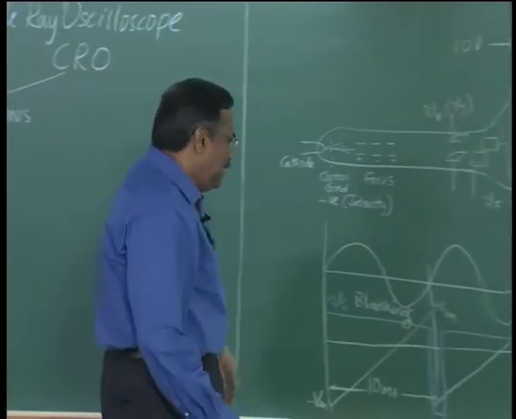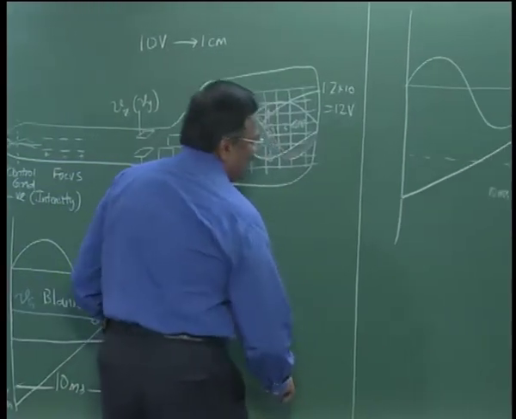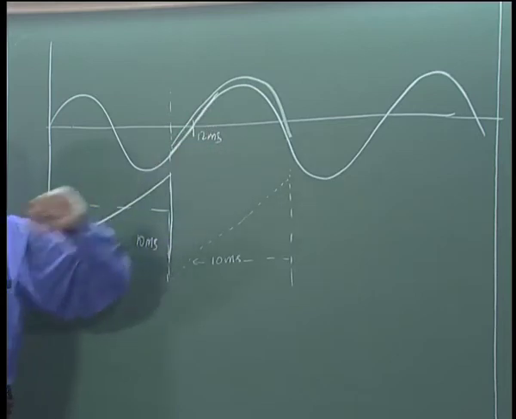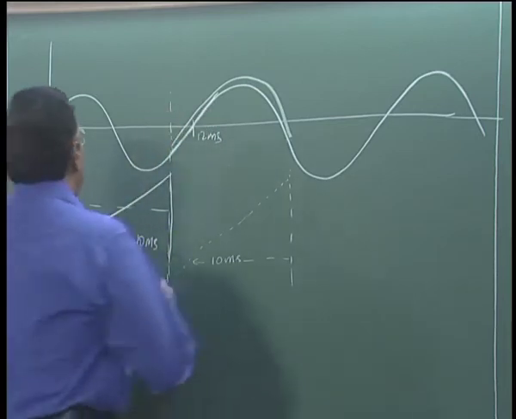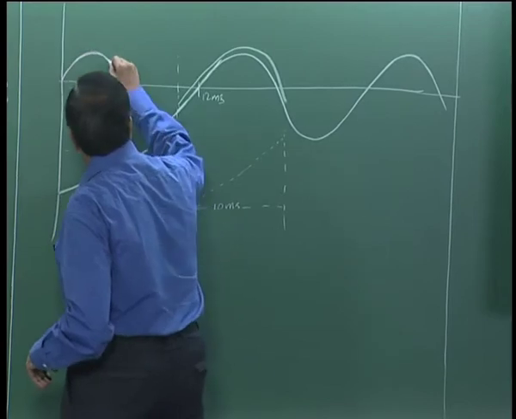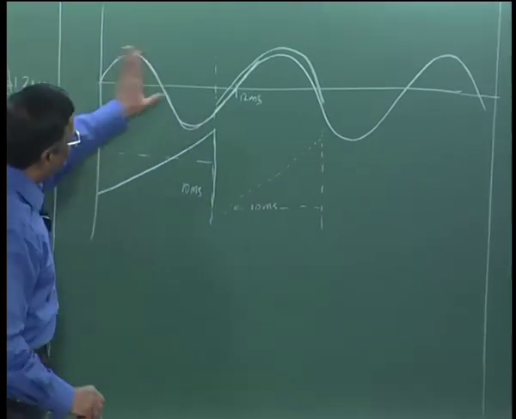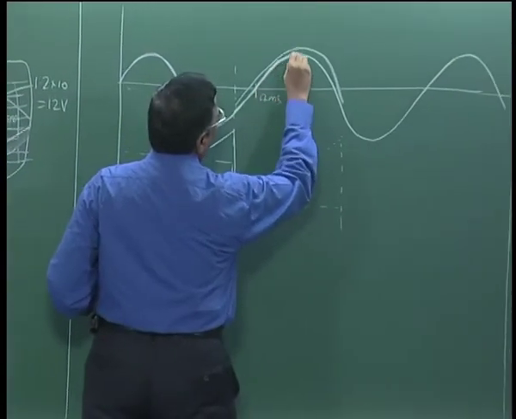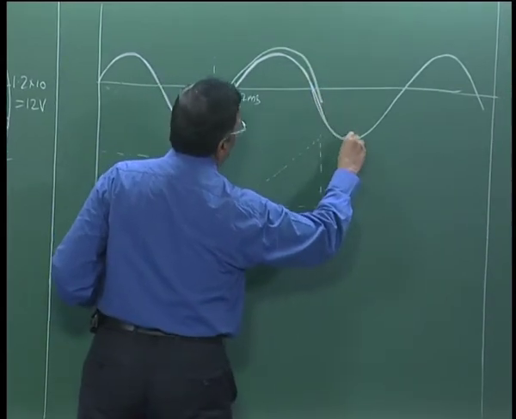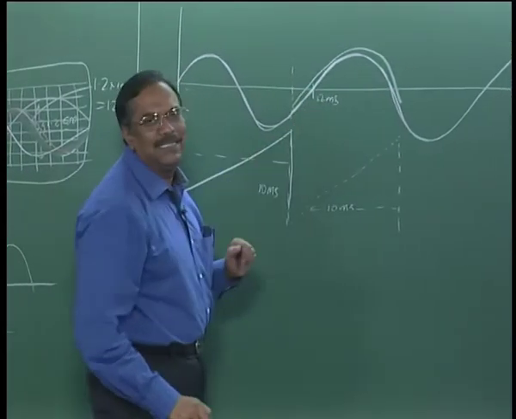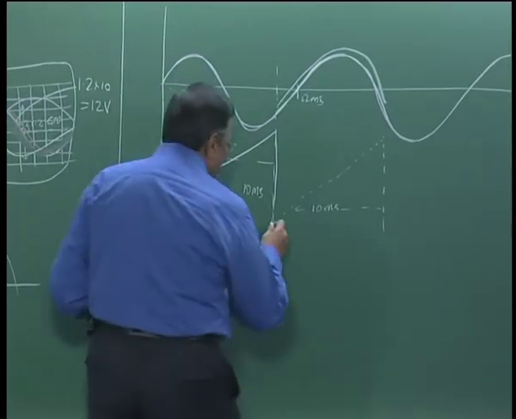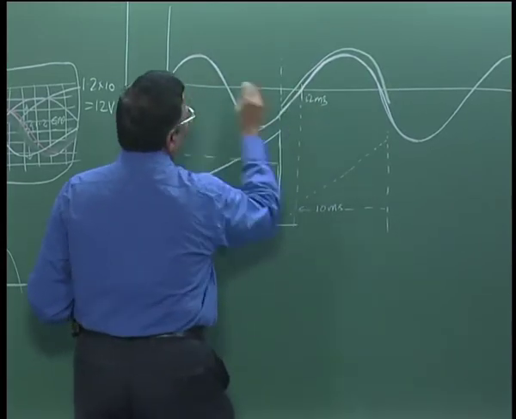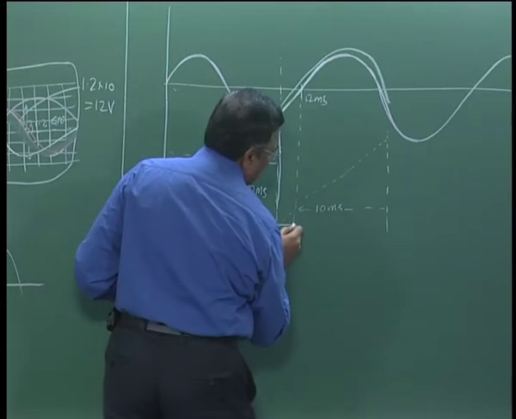So, what we do is we do not start the sawtooth as soon as one sweep is over, we will wait for the same portion to occur at my input signal. So, if I look at my input signal, I have this portion, right, and the same portion I see is occurring here, right, the same portion occurs here. So, what I do is I do not start the sawtooth, I wait for the same portion to come and then I start the sawtooth.